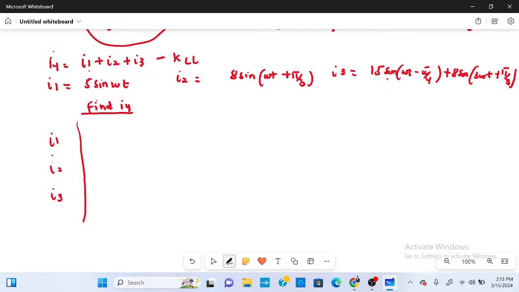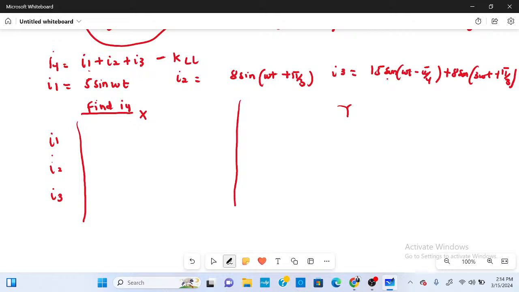Here is omega t, we can add this and this. Here is omega t, we can also add this component. But there is a 3 omega t, which you have to do separately, right? So at this point, I'll have the X component and I'll have the Y component somewhere here.